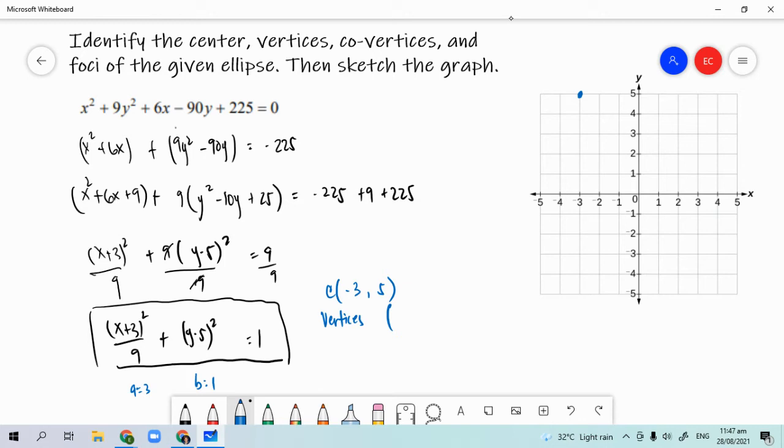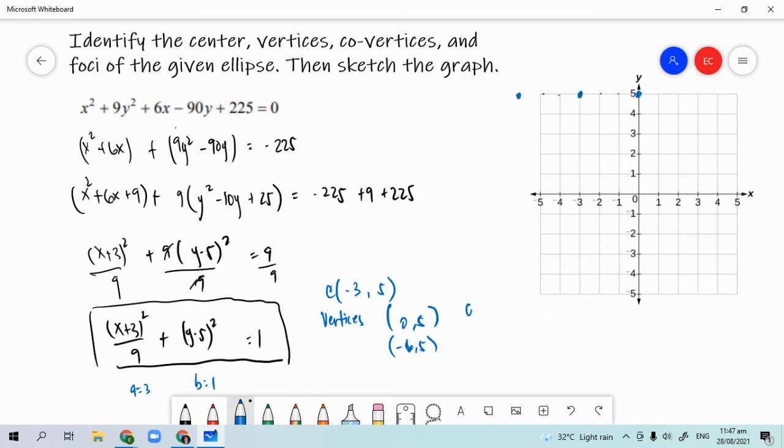So 3 units from the center, negative 3, 5, that's 1, 2, 3. This one, which is 0, 5. And on the other side, 1, 2, 3, that is negative 6, 5.